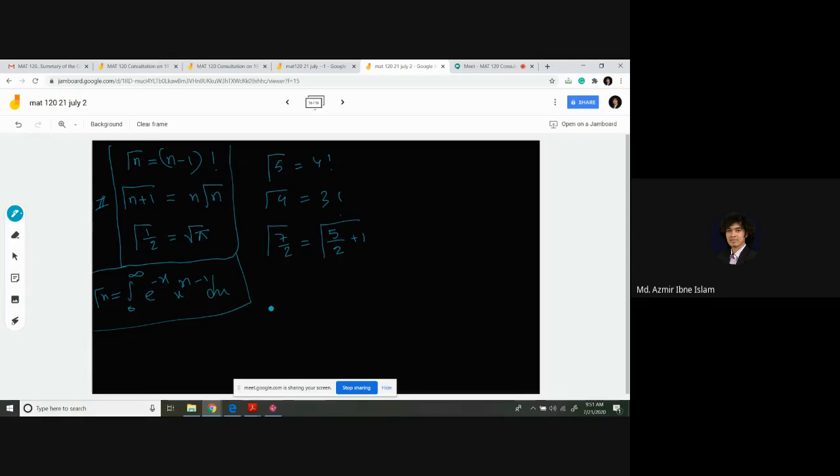So we have n plus 1, so n can be pulled out. That means it will be 5 by 2 times gamma 5 by 2. Again, the same process will be applied. 5 by 2 can be written as 3 by 2 plus 1. So again, 5 by 2 times 3 by 2, gamma 3 by 2.